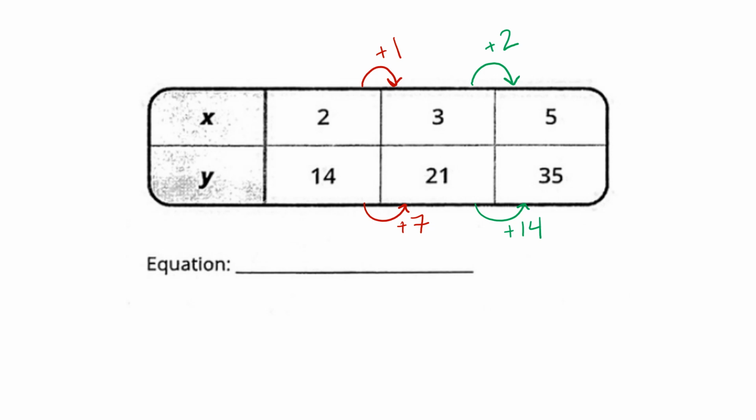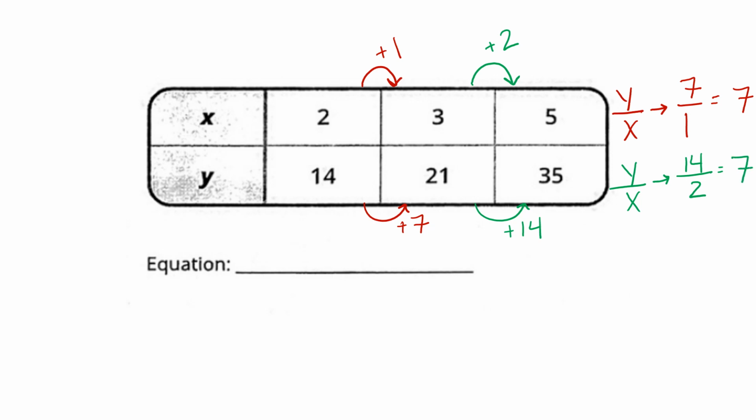Now, we're going to set up our fraction in the same order, y over x. But in this case, we can use either of the values. So I can use my red numbers, the first set of numbers, 7 and 1. 7 divided by 1 is 7. Or I could use my green set of numbers, the second set, with 14 divided by 2. 14 divided by 2 is 7.